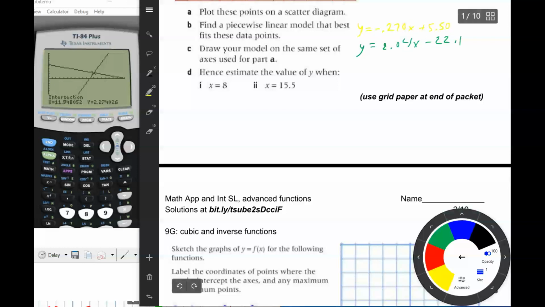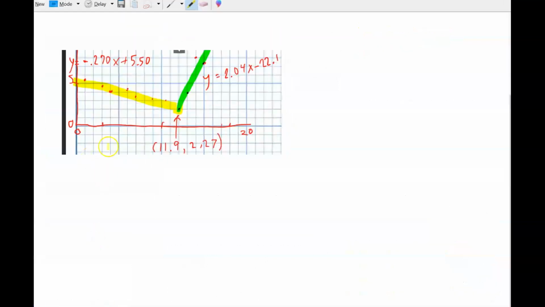And then in order to write it as a piecewise, we put f of x, we write equals, and then we do a bracket. And then we define the yellow part, for example. We don't have to write y anymore because the y is here, right? 2.70x plus 5.50. And that is true for the interval, let's say it's true for the interval 0 to 11.9.